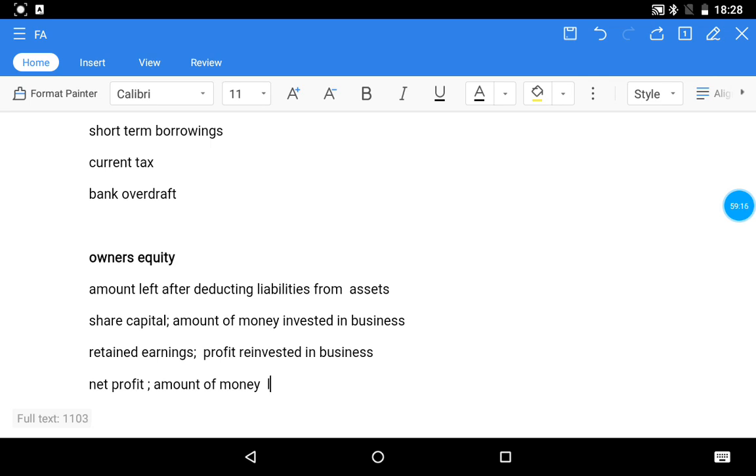In short, this is the amount of money that remains when you take what you sell, your sales, your income received, then subtract the expenses you have incurred while doing business. That amount of money is what we call net profit. It can be net profit or net loss.